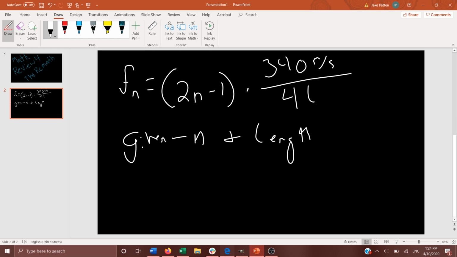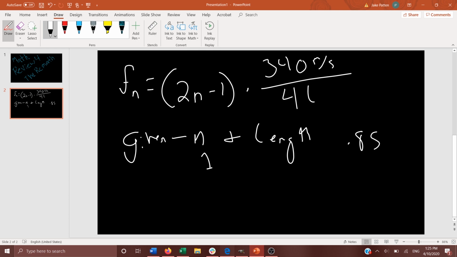You've done this a few times, so we could just say, what is the first resonant frequency, I should say, for a tube with length of 0.85 meters, right? So this is simple.